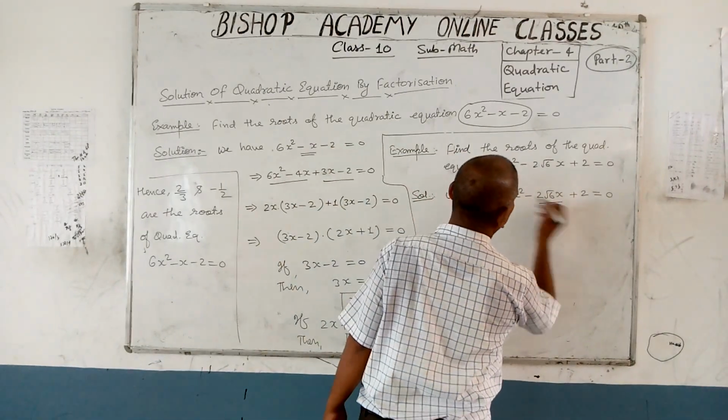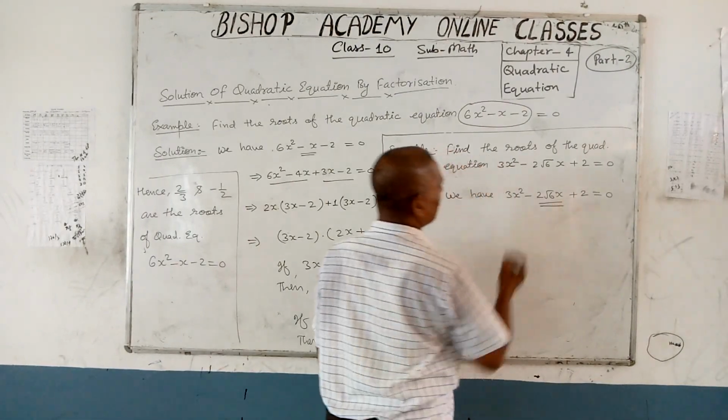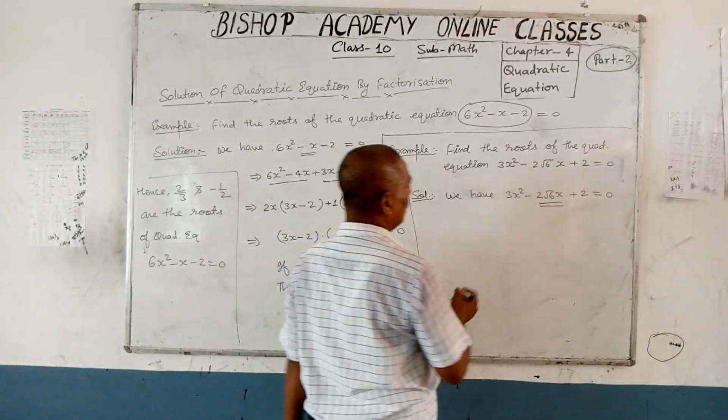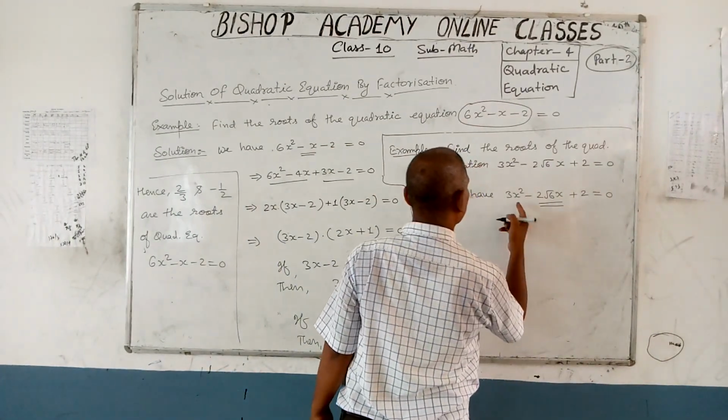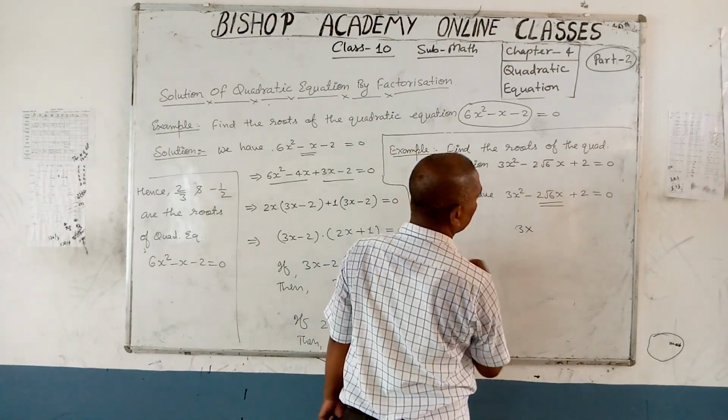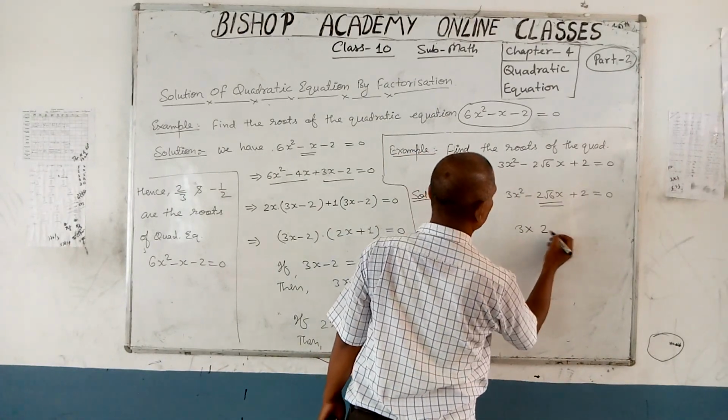Here to split the middle term, minus 2 times root 6 into x, you will take the product of the coefficient of x square, which is 3, and constant term 2.